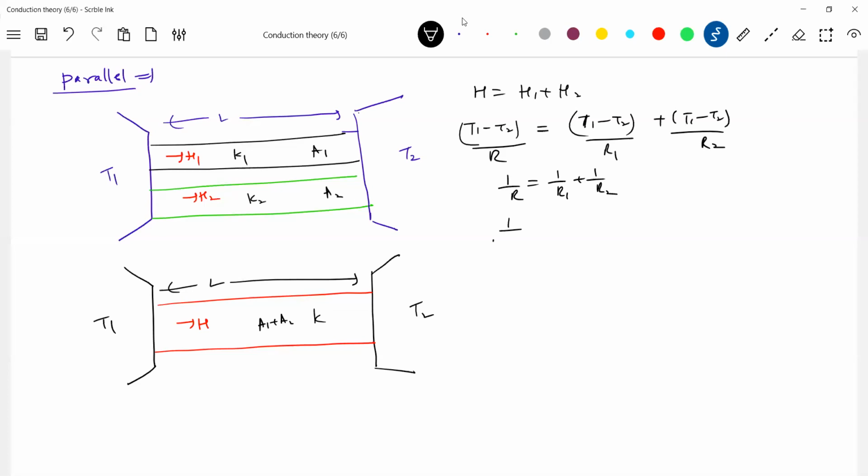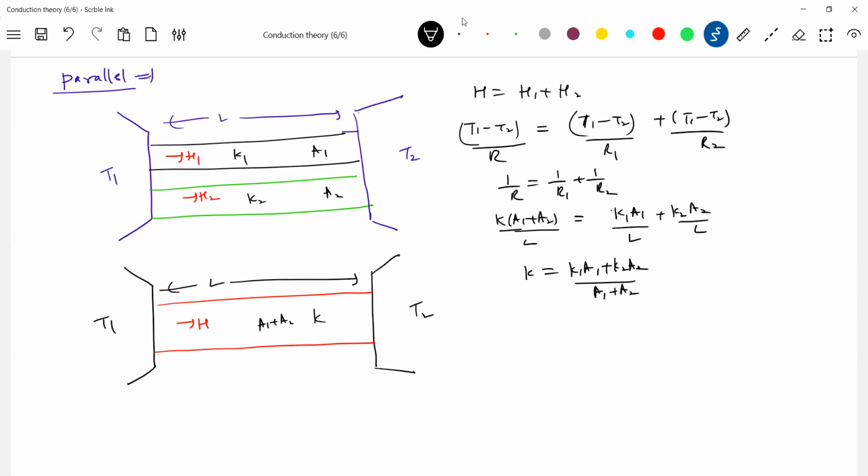We can write it as L by K(A1 plus A2). This will be K1 A1 by L plus K2 A2 by L in terms of thermal resistance. So therefore, K is equal to (K1 A1 plus K2 A2) by (A1 plus A2). This is the effective thermal conductivity.